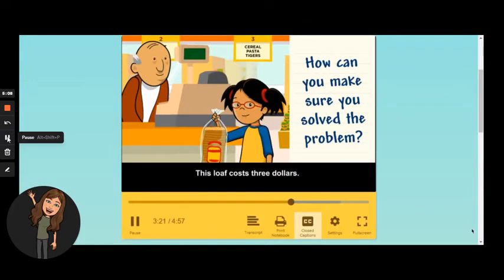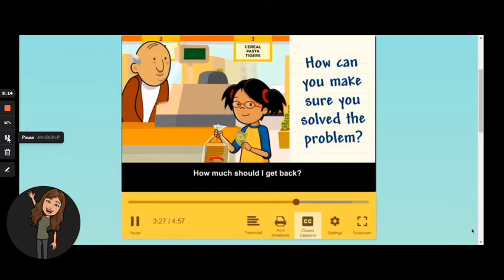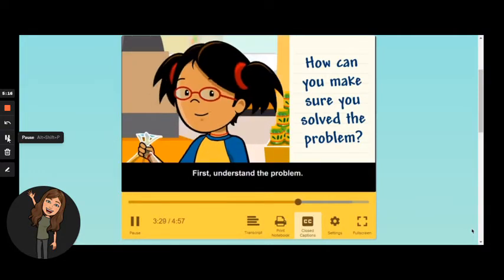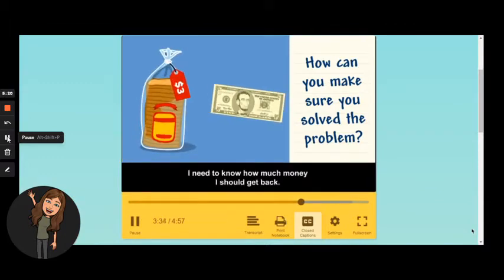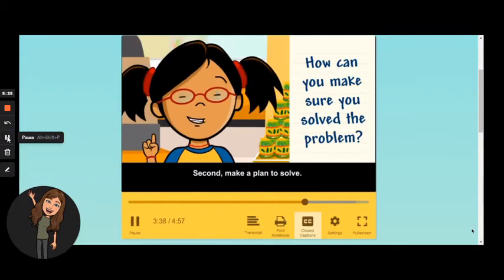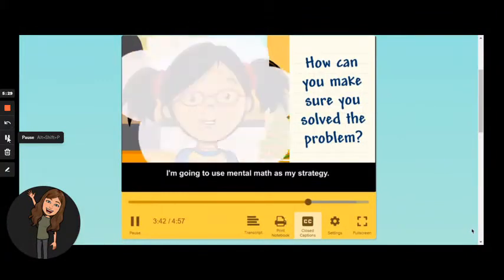This loaf costs $3. I'm paying with a $5 bill. How much change should I get back? First, understand the problem. I need to know how much money I should get back. Second, make a plan to solve. I'm going to use mental math as my strategy.